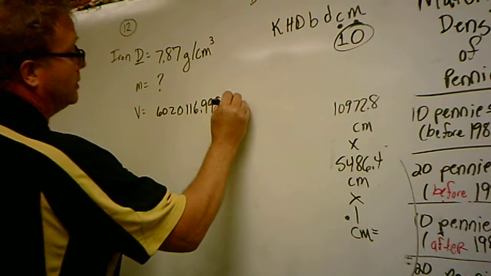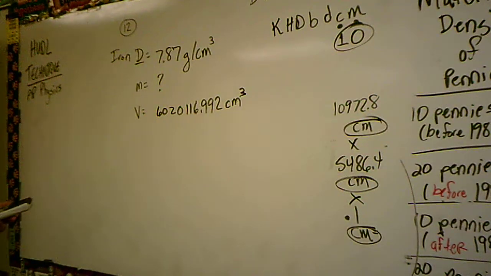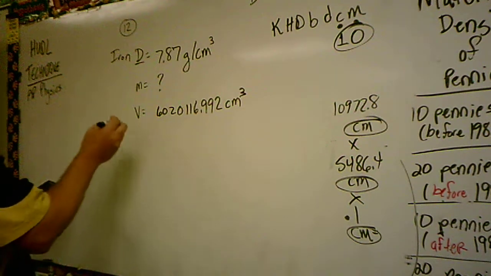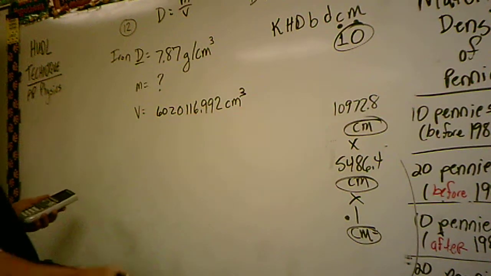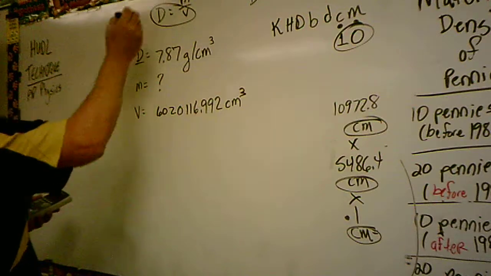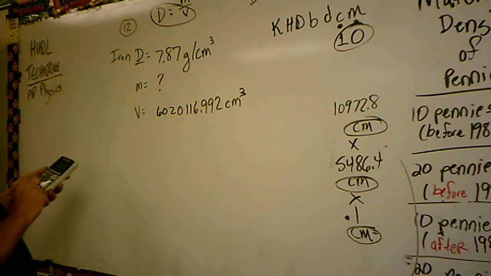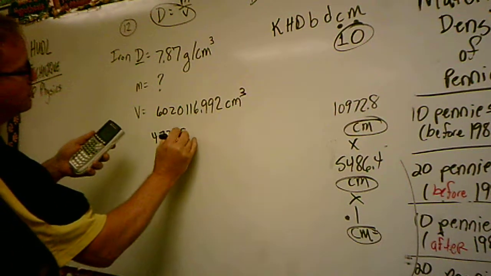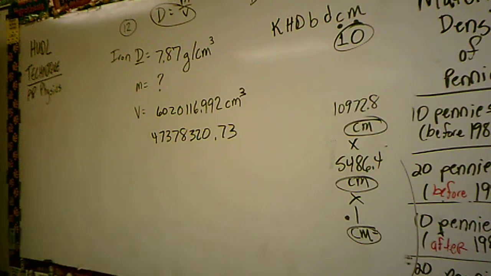And that would be centimeters cubed because I'm multiplying these centimeters by themselves. Those are my acceptable units. Now I can find my mass. Well, if you take a look at the formula, this would be cross multiplying, so I'm going to be multiplying those two numbers, which are these. So all I have to do is just automatically go into calculating it, and we got 47,378,320.73. That will be my grams.